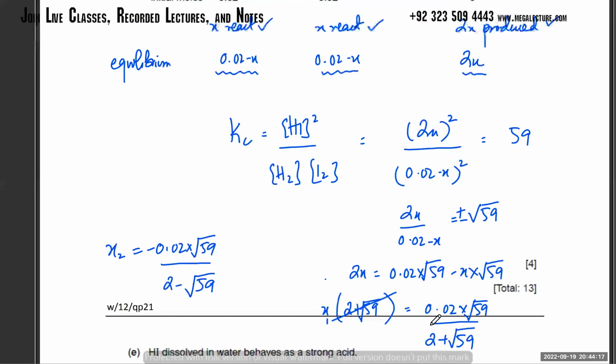सर पॉजिटिव के लिए 0.16 है और नेगेटिव के लिए 0.27. So you're getting 0.16, both positive values, right? And 0.27. So मुझे बताओ कि which value of x is suitable to be used to find the equilibrium moles?